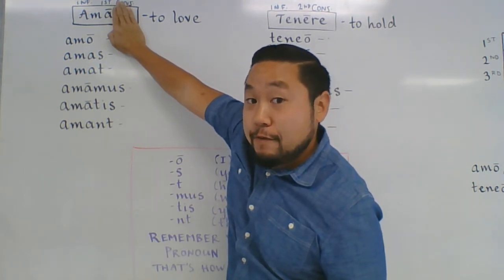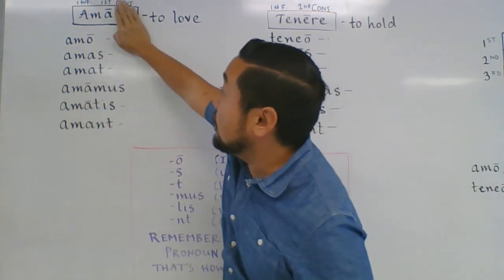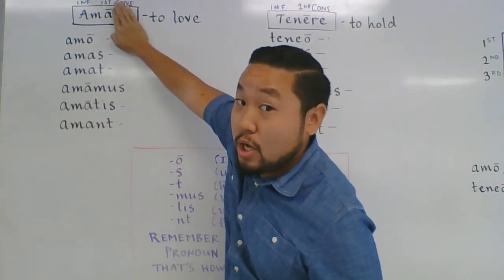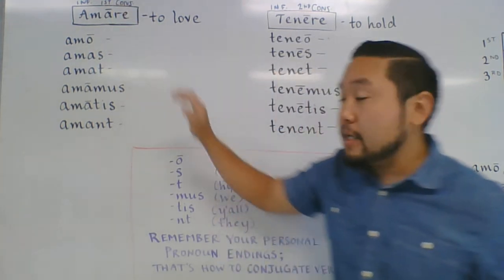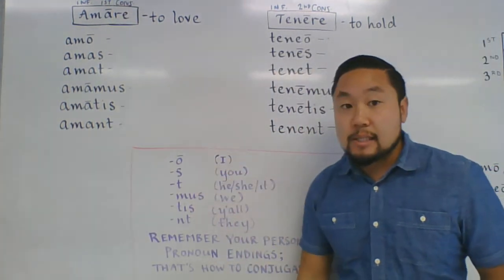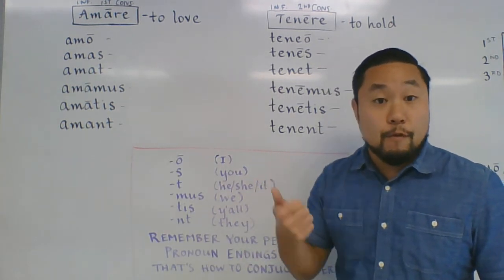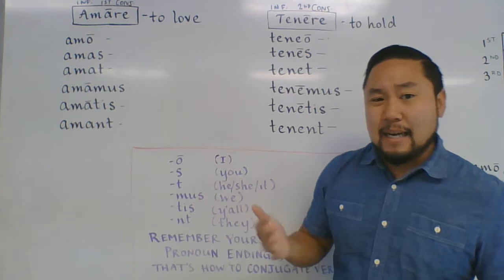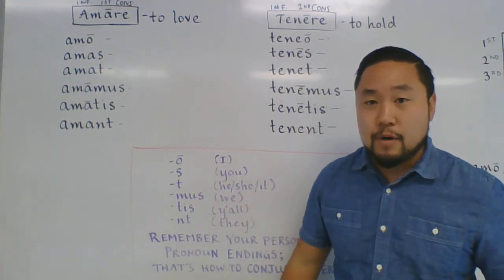The stem of the verb is the part of the verb that does not change. So in order to arrive at the stem, we're going to remove the re. To that, we are going to be adding these 6 endings. When we do that, we're indicating who is performing the action of the verb. Technically, these are present tense, so it tells us when as well, but don't worry about that for now.